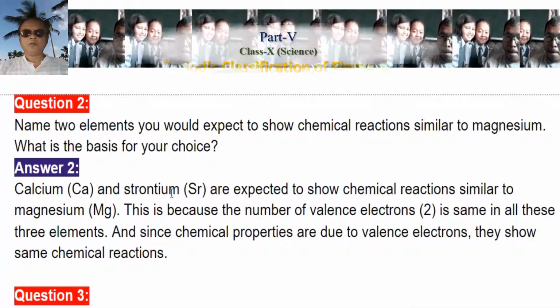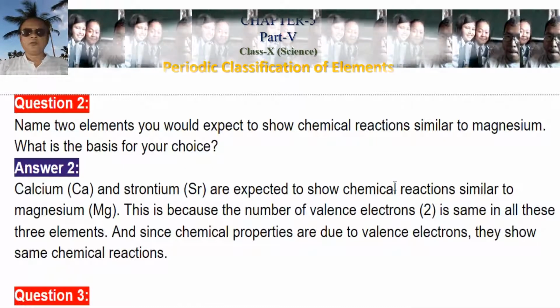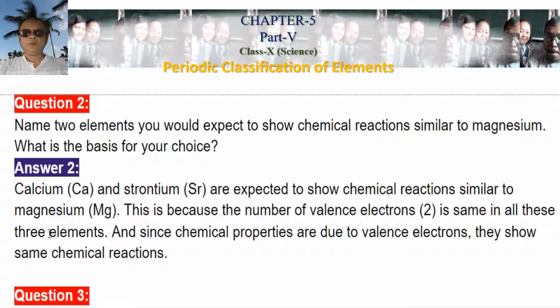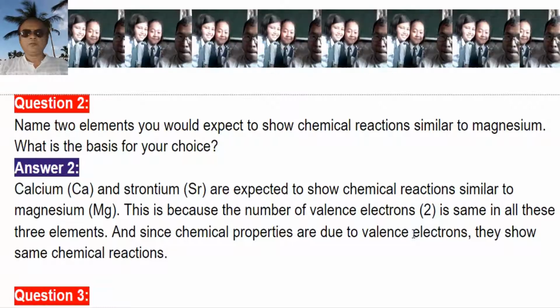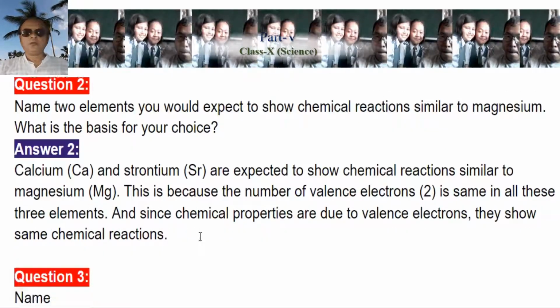Calcium and strontium are expected to show chemical reaction similar to magnesium. This is because the number of valence electrons, 2, is the same in all these three elements, and since chemical properties are due to valence electrons, they show the same chemical reaction.